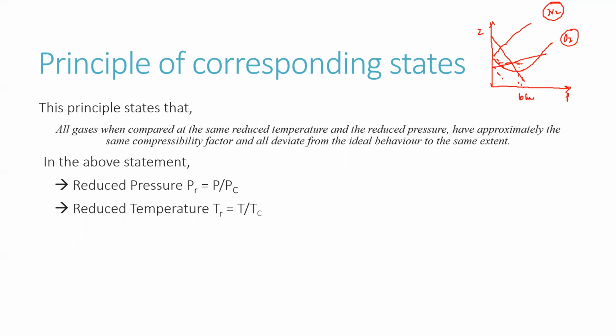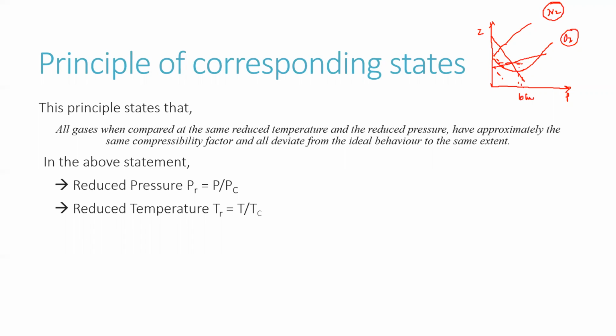So this becomes quite complicated. The principle of corresponding states basically relates all these together. It generalizes a particular compressibility chart, so you get a generalized compressibility chart because of the principle of corresponding states.